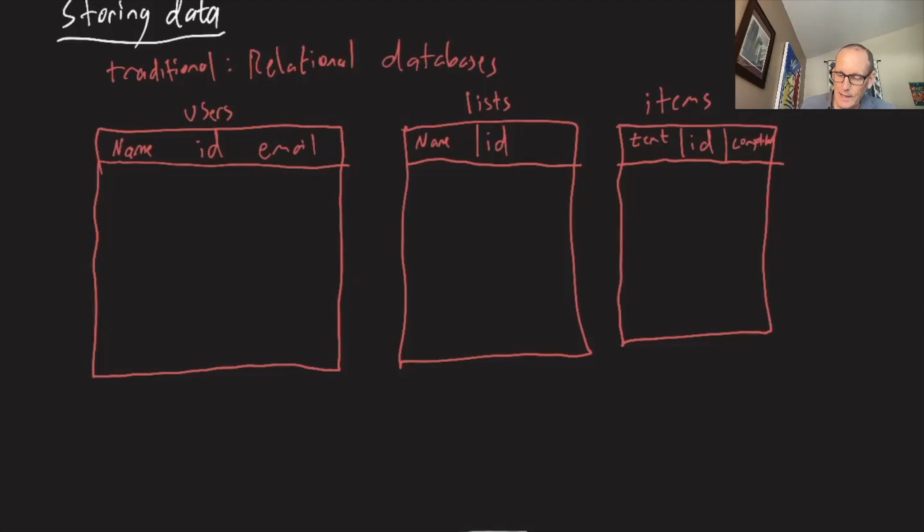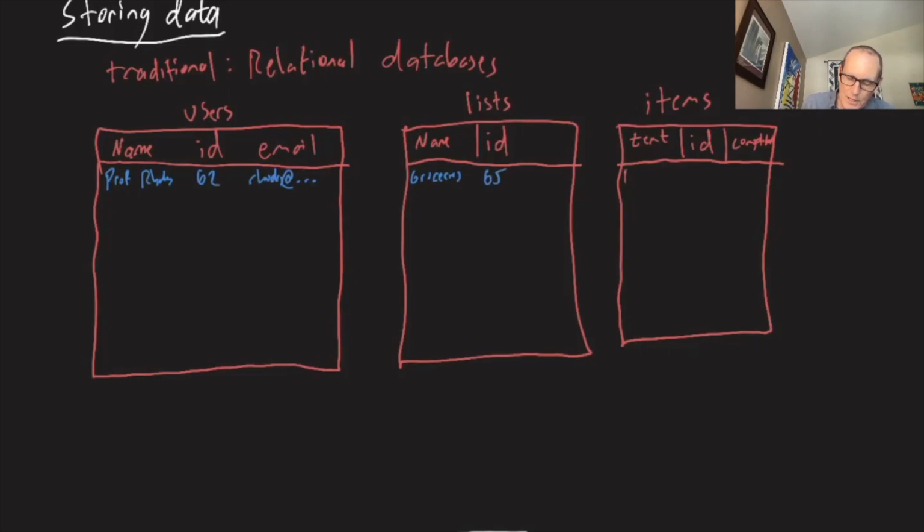If we looked at a particular user, maybe we have Prof. Rhodes, and the ID is 62, with an email, Rhodes at whatever. Then we might have a list, which is groceries, and the ID of this might be 65. And then here are the items.